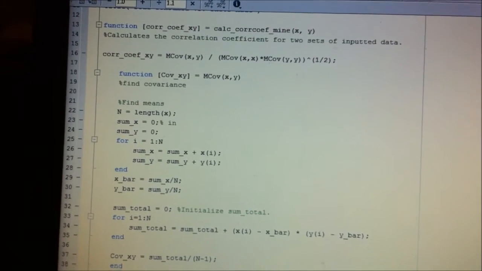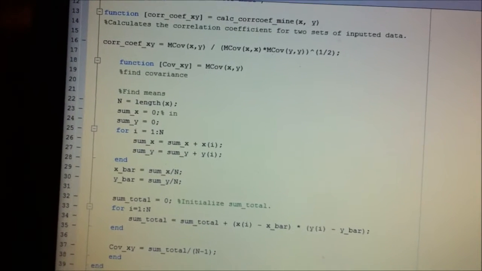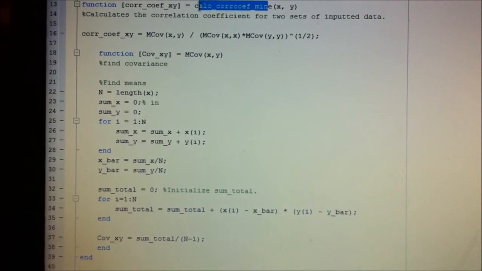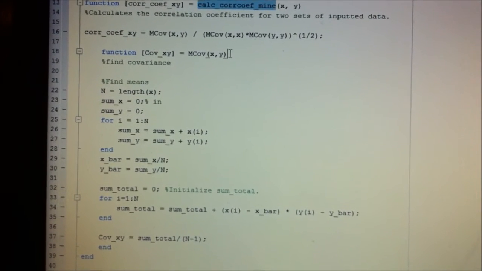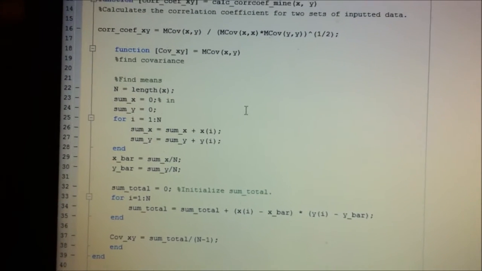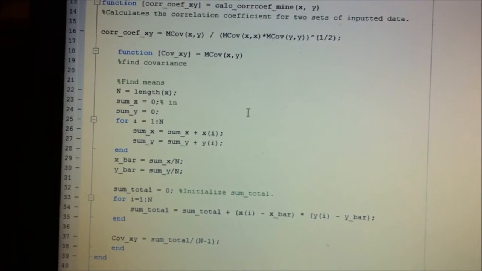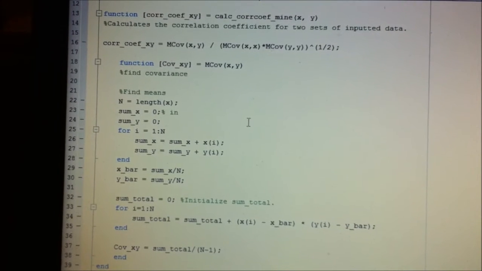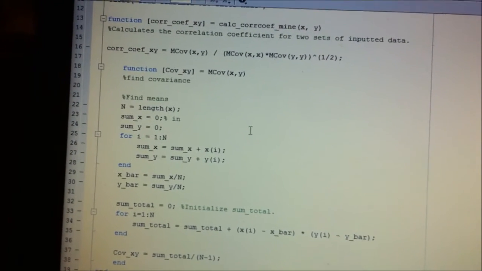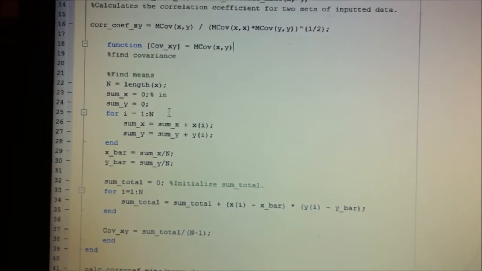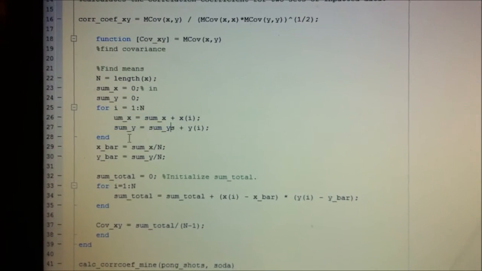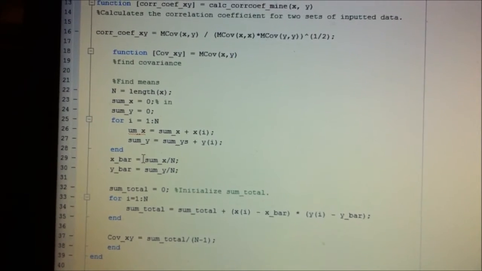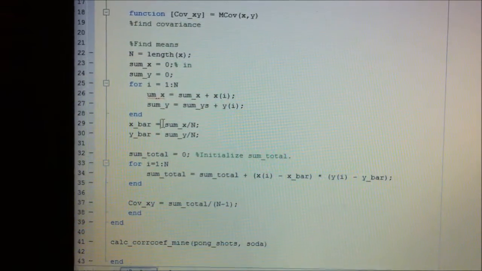Another nested function is needed within calc_corr_coefficient, which is what this function is named, to find the covariance, which is the strength of the correlation between two sets of data. The for loop here is used to find the mean of the x and the y arrays.